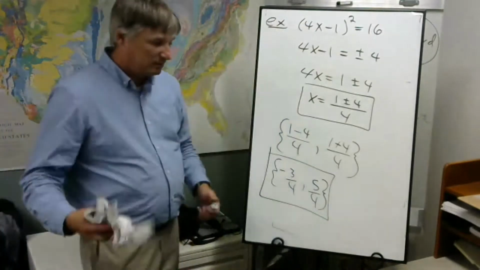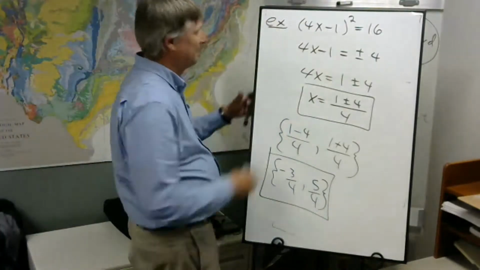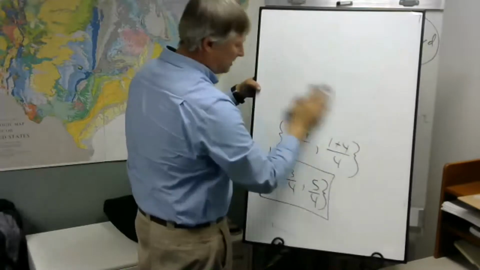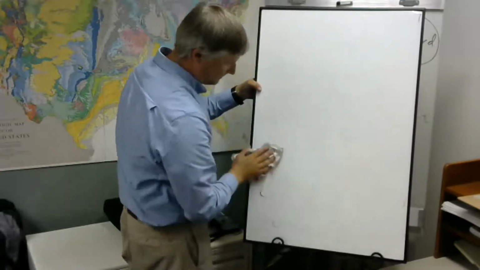Another one's called completing the square. Now, completing the square comes from an observation.